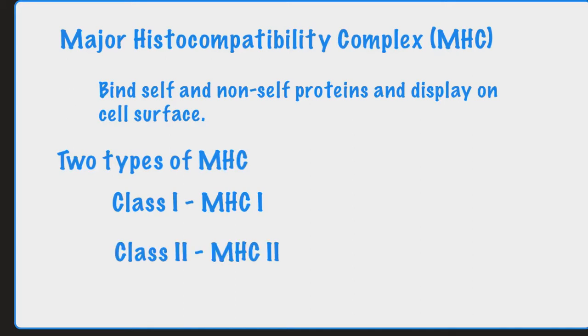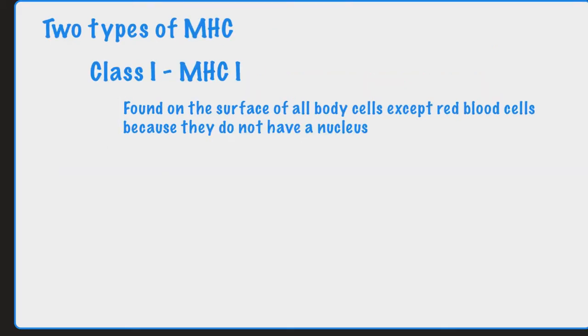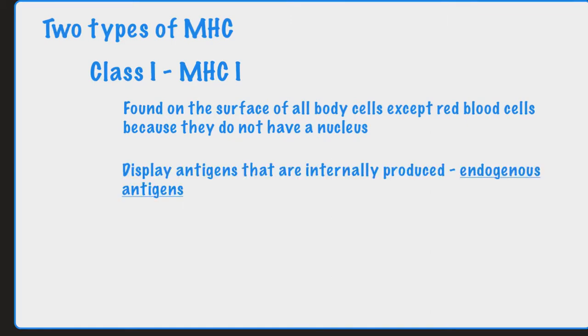MHC1 is found on the membrane of every body cell except red blood cells because they do not have a nucleus. MHC1 shows antigens that are internally produced. That means what is shown on the surface of these cells are things, proteins, etc., that were found inside the cell to begin with.